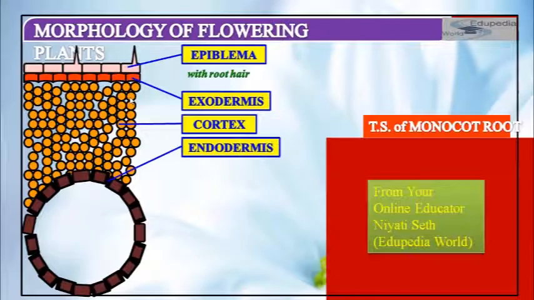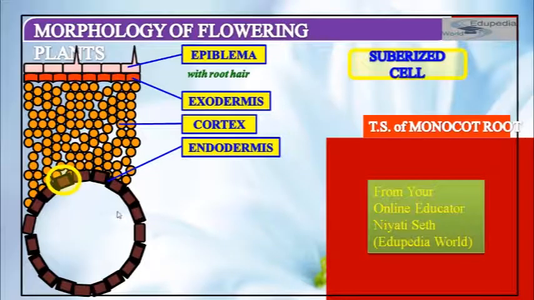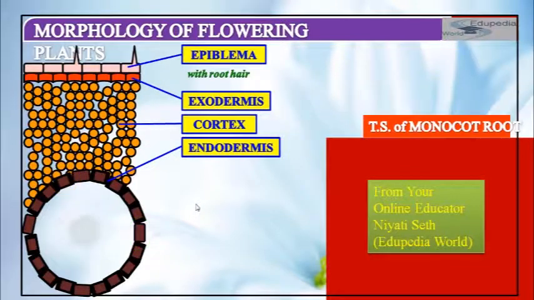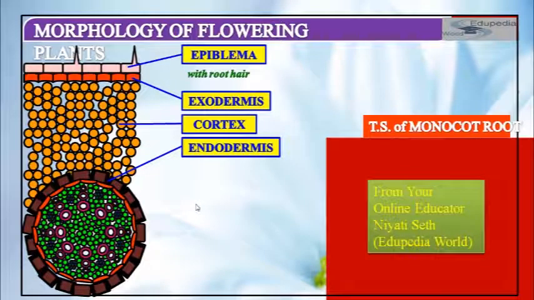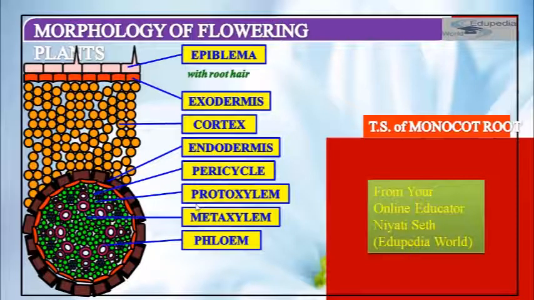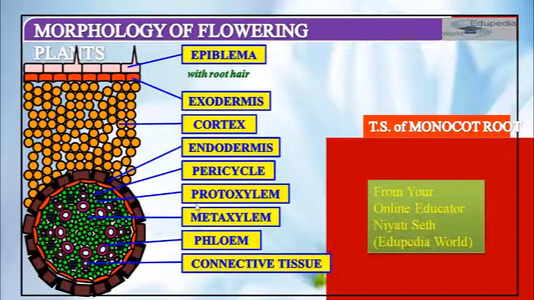This is your endodermis. These are the suberized cells. These are the passage cells. And this is pericycle. This is protoxylem. This is metaxylem. This is phloem. And these are the connective tissue. And this is pith.